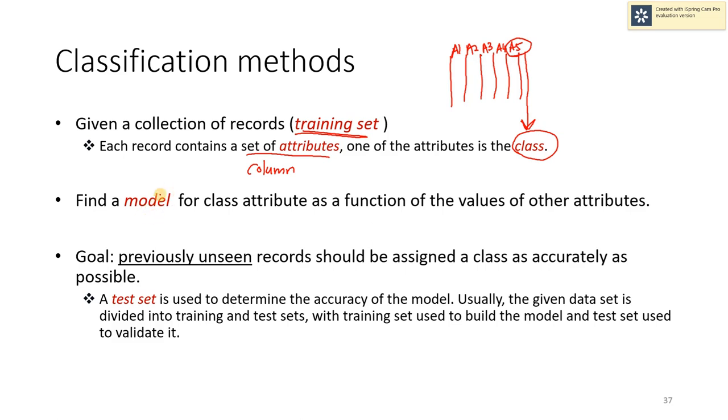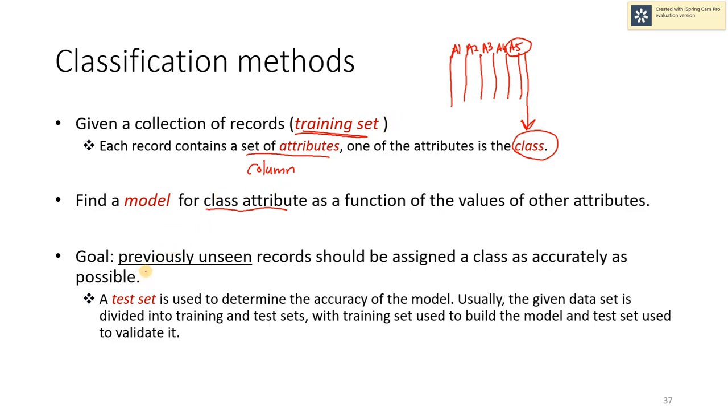What is the task of the classification method? It is to find a model for the class attribute as a function of the values of other attributes. Meaning that based on the attributes that we got from A1, A2, A3, and A4, we need to classify them for our A5 here.